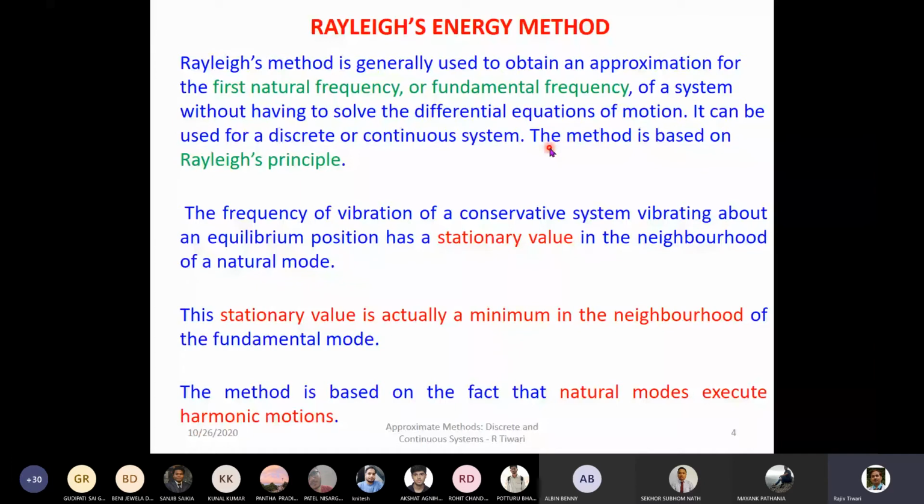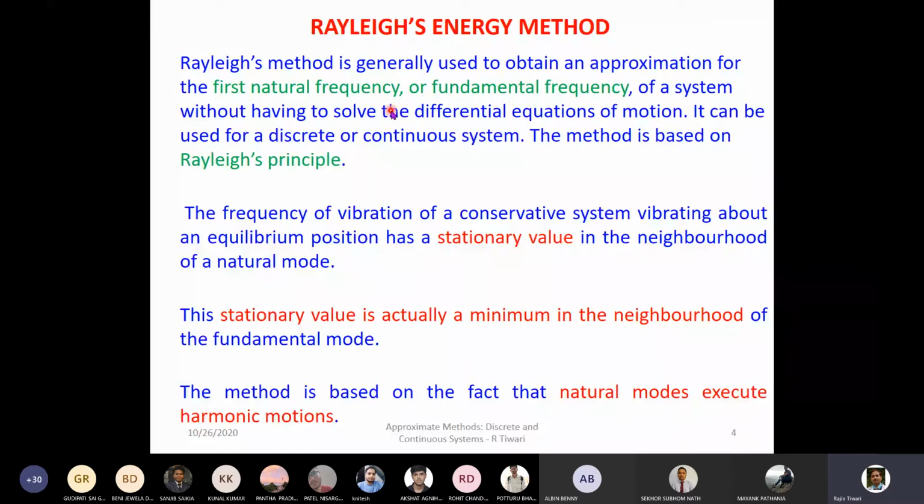But in the energy method, we'll write the Rayleigh's quotient in terms of the energy itself, because from energy we obtain the equation of motion, and the equation of motion defines the L and M operators. So rather than going to the L and M operators, we'll directly use the potential energy and kinetic energy of the system to obtain estimates of the natural frequency.